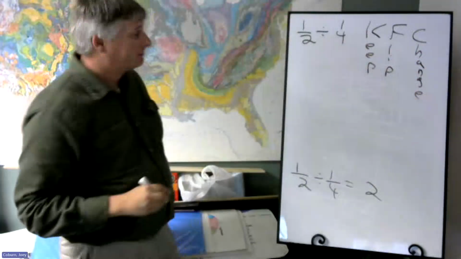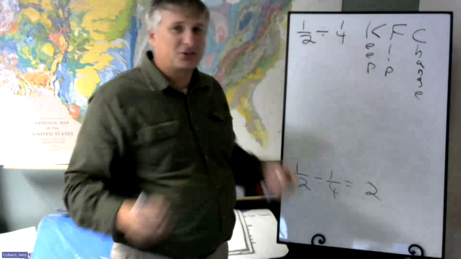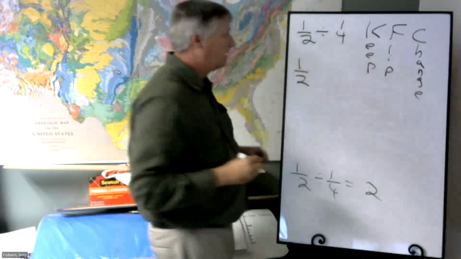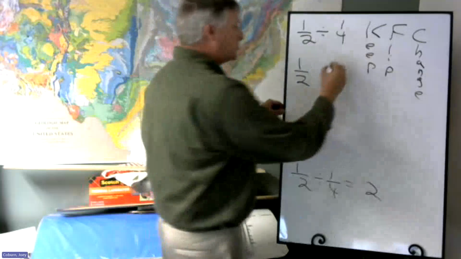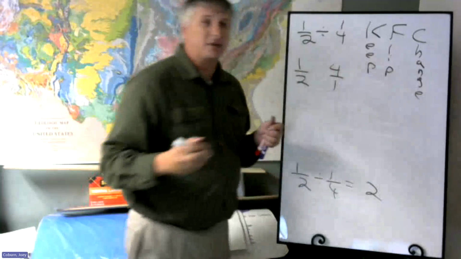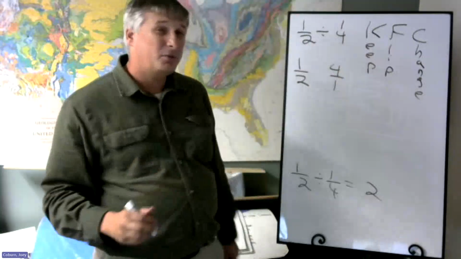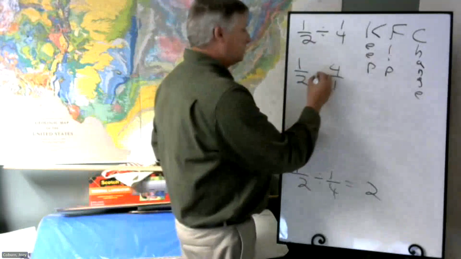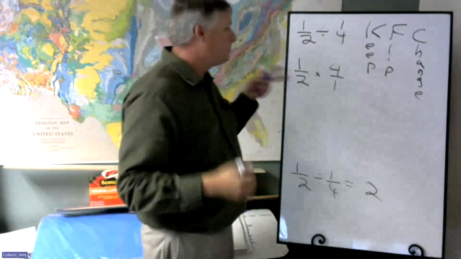Keep, flip, change. So what do we keep? We're going to keep the first fraction as is. Then we're going to flip the second fraction. And it's only the second fraction that flips. This one doesn't. We're going to keep it. The thing that we change is the division sign. We change it into a multiplication. And then we do a multiplication.